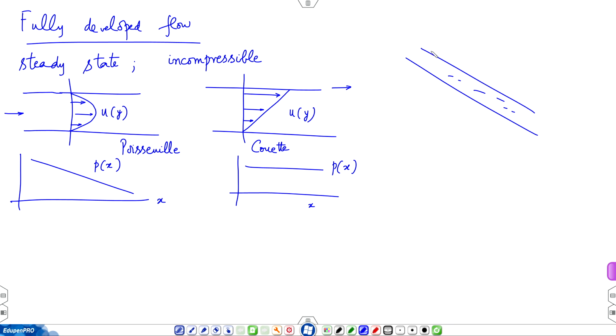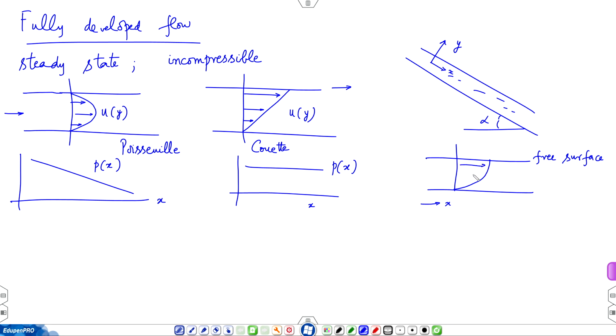So let us say this is the x direction, and here you have a free surface. And the velocity distribution is again parabolic, like this.